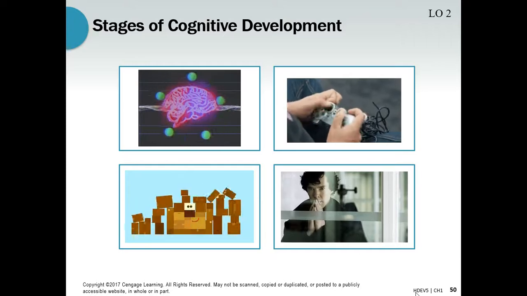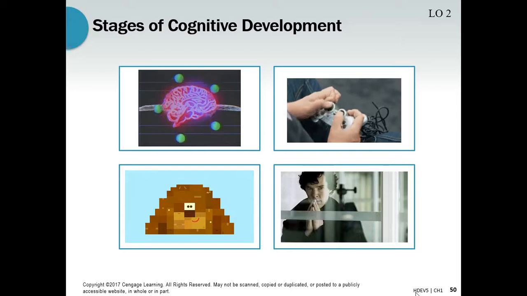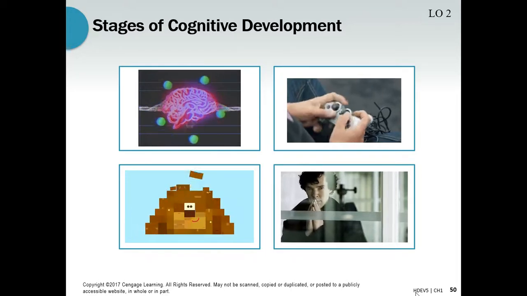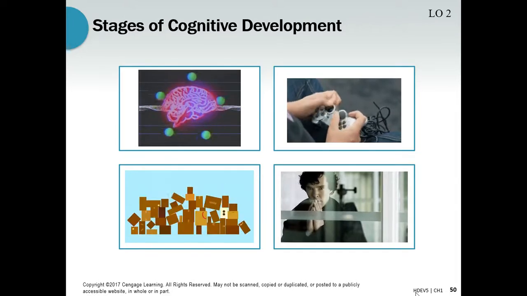Now, there are problems that young people in their formal stage are going to have. A lot of times, the ideal world interferes with their logic, so they can do any kind of logic, but sometimes what they expect to be the ideal world interferes.